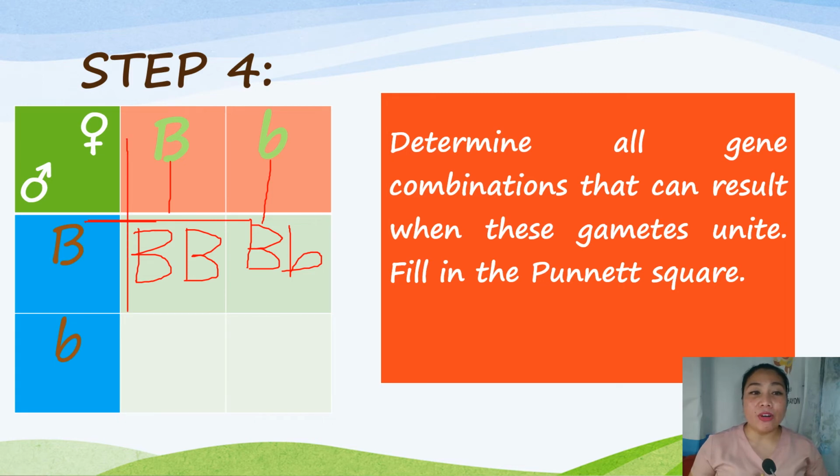Big B cross with small b equals big B and small b. Small b cross with small b equals 2 small b's.